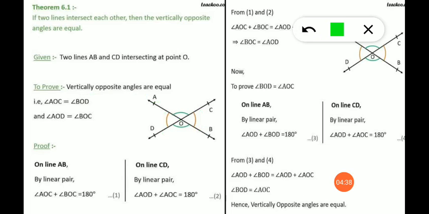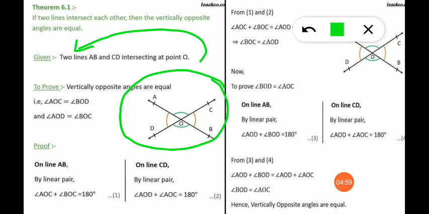Since we don't have to do any construction here, we will not write construction. Otherwise, our third step is construction. One more thing: whenever we solve any theorem or question related to geometry, first we have to draw the figure, then write the given, then to prove. If construction is required, we write construction, and after that we move to the proof.